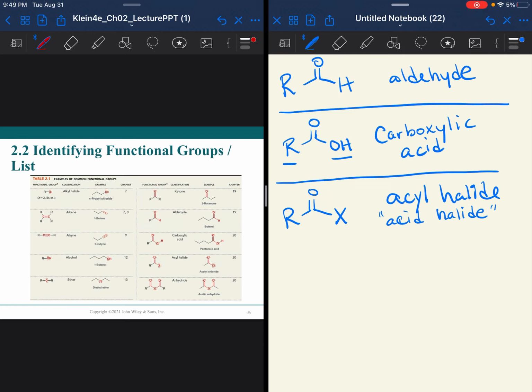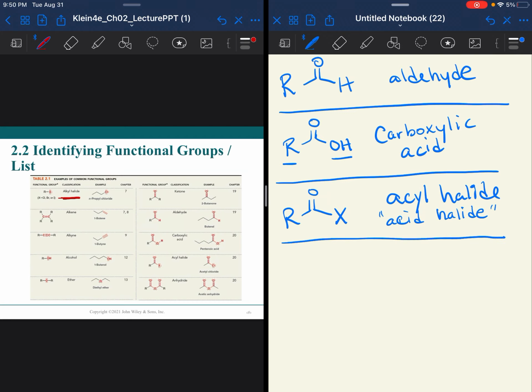But it'll be either an acyl halide or an acid halide. Notice that's different than alkyl halide, right? Our alkyl halides over here is just a regular R group, so no carbonyl with a halogen. Our acyl halide has that carbonyl group and the halogen. There's lots of synonyms in organic chemistry, and acyl is related to carbonyl.